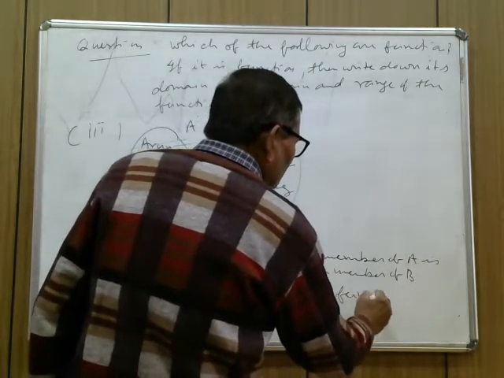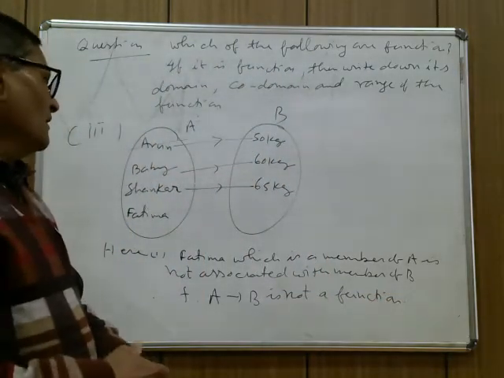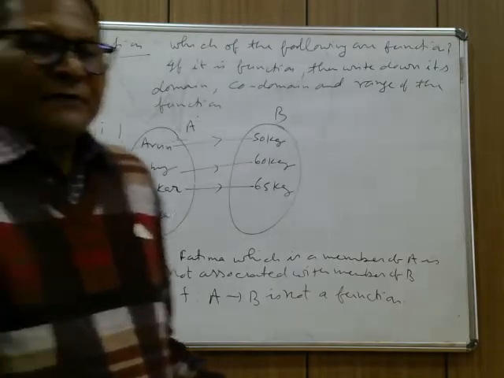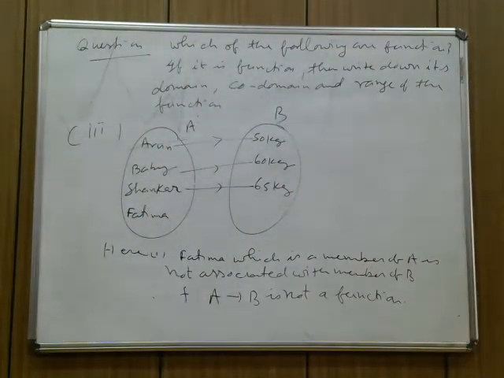The first condition of the function is not satisfied, therefore this is not a function. And there is no need to find the domain and range of the function. So we end our answer here.